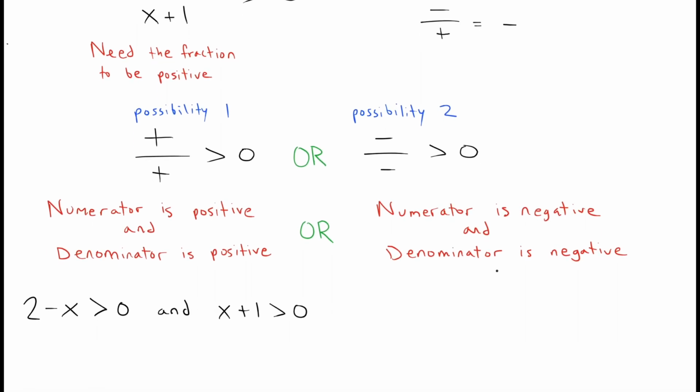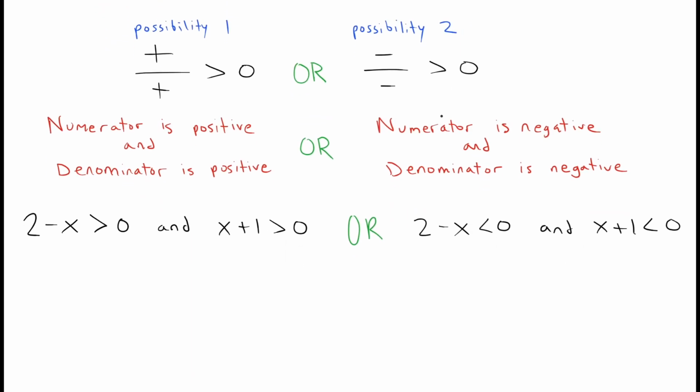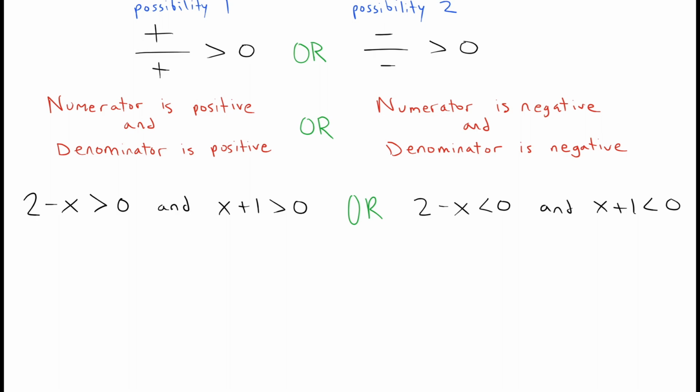On the other side here, we'll do negative divided by negative. I need the numerator to be a negative and the denominator to be a negative. And then always having an or between these two. Then what we want to do is solve each inequality and see what the results tell us.